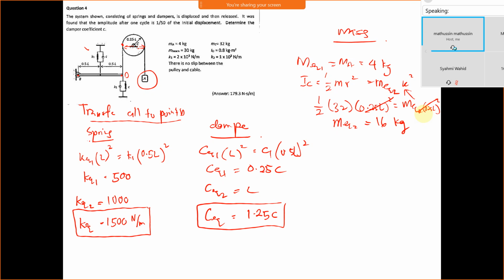And last one adalah mass of beam. Alright, beam BC, sorry, beam from B to C, which is we are given apa? IB kan, IB untuk this adalah ml square over 3, isn't it? Betul.